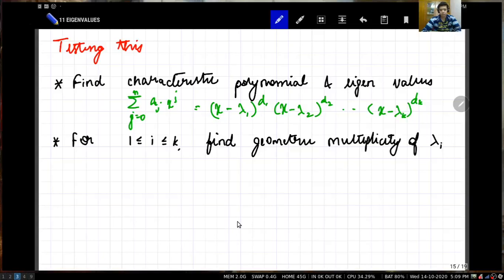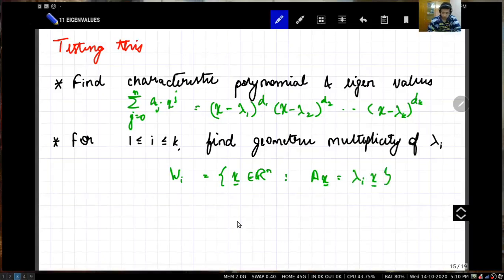So once we do that, we need to find the geometric multiplicity, right? And how do we do that? The geometric multiplicity corresponds to the eigenspace Wi, which is the set of all vectors x in R^n such that Ax is equal to lambda i times x, right?